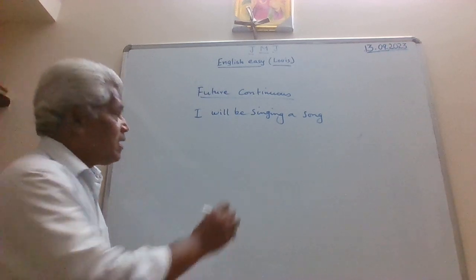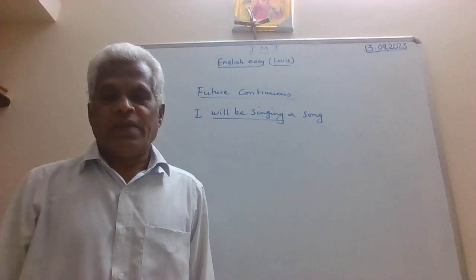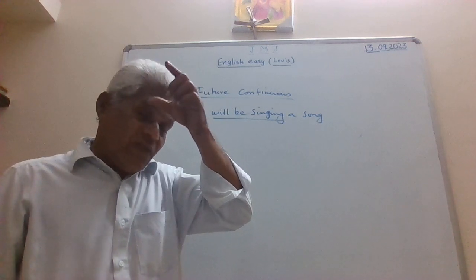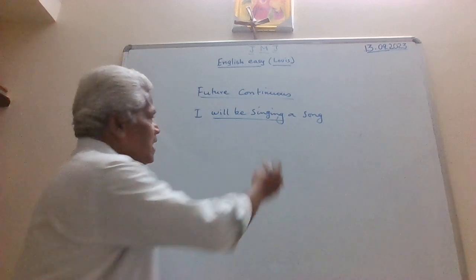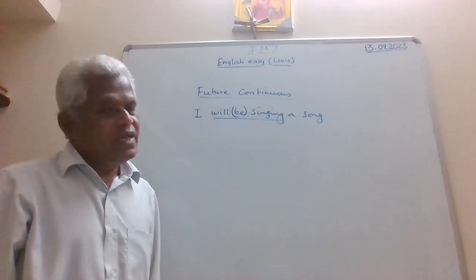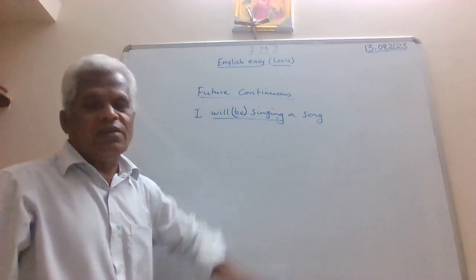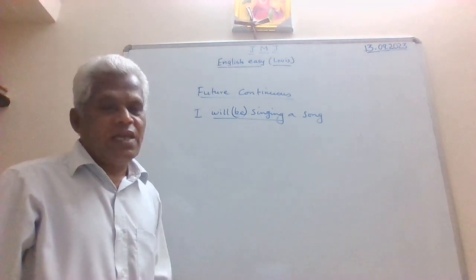So what is your verb here? Will be singing. Now why can't we write passivation for future continuous tense? Very simple, because you already have the verb be here. Can we add any other additional verb or auxiliary verb for this tense here?